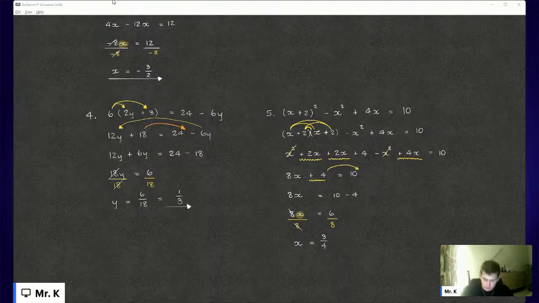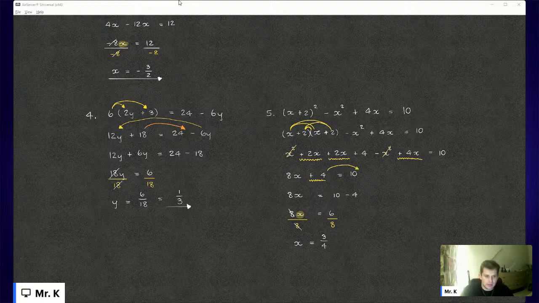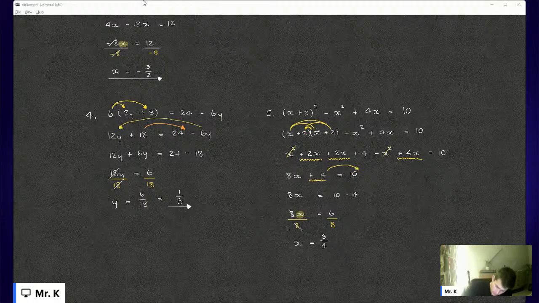I just wanted to move over ever so slightly. Somebody asked about one of the steps here in my previous question, in number 4. They asked me over here, why is this minus 18? Okay, where does this minus 18 come from?